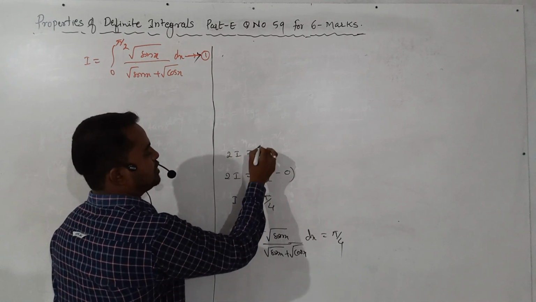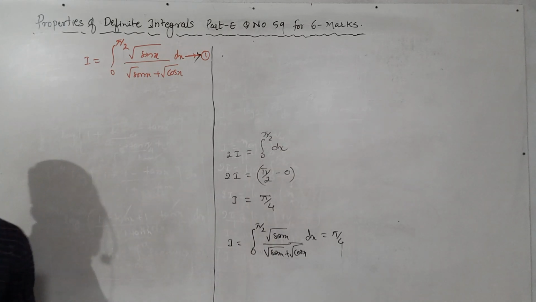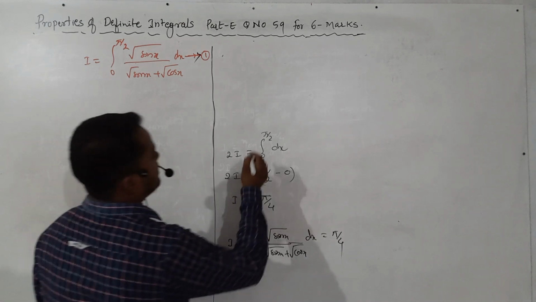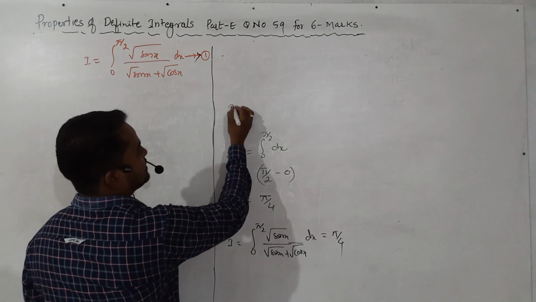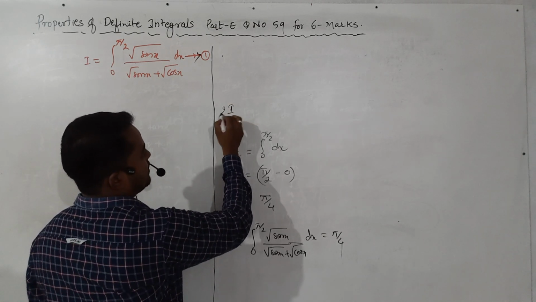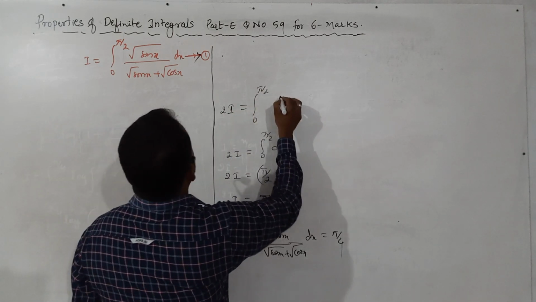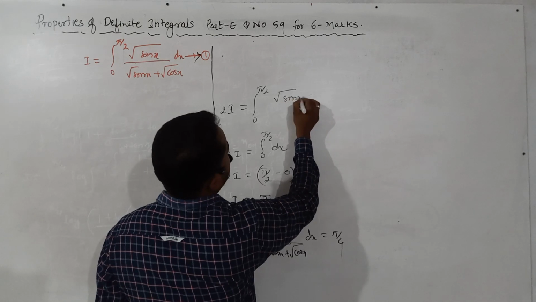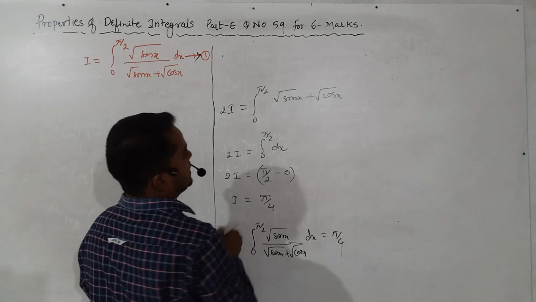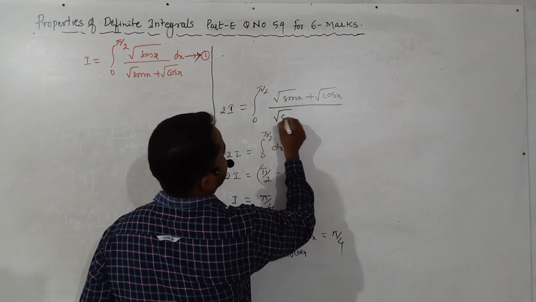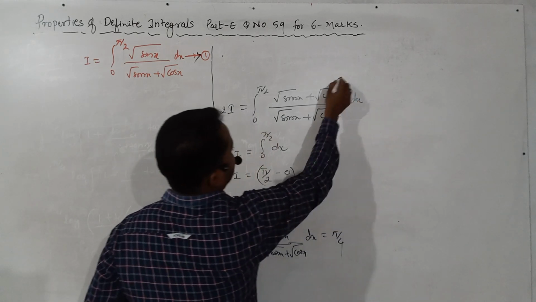Then 2I is equal to integral 0 to 5 by 2 dx. 2I is equal to integral 0 to 5 by 2 of root sin x plus root cos x divided by root sin x plus root cos x dx. Now this will cancel.